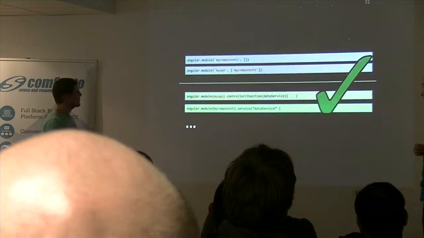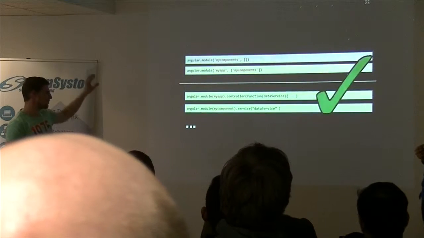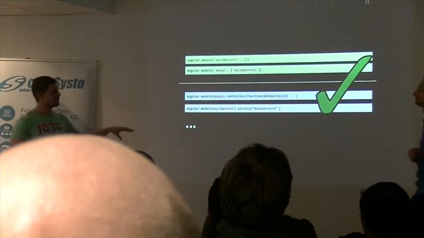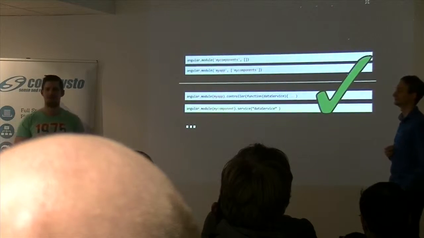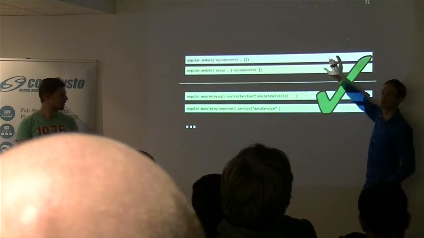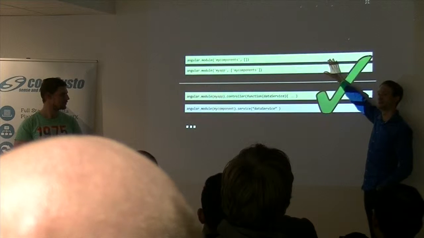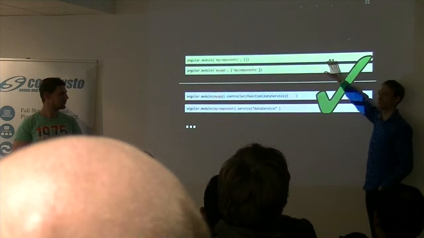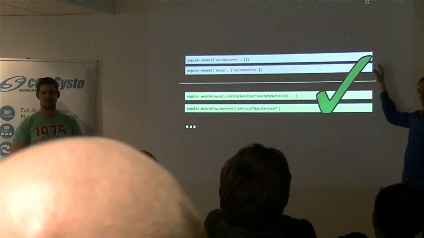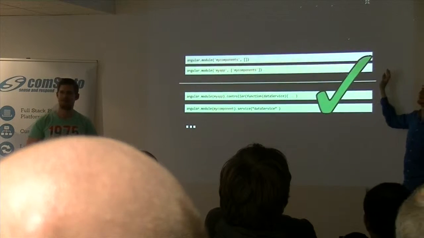So there is a pattern: first the whole module registrations, and after that all the getters, and for the getters you don't care about the loading order. Who of you remembers this? We have a special name in our application for this file, especially if you know that Mishko is a Java developer known for Guice and Spring.